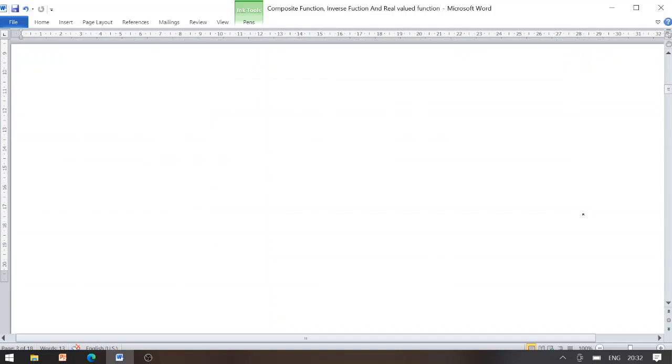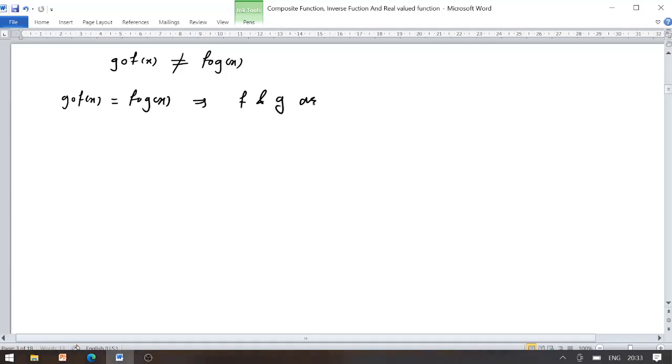Now suppose for any function we are finding g composition f of x. In general that should not be equal to f composition g of x. Once that is equal, that means g composition f of x equals f composition g of x, then that implies f and g are inverses of each other.